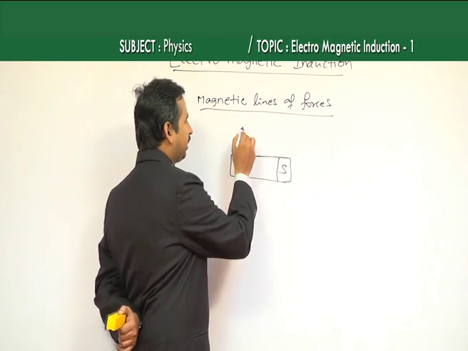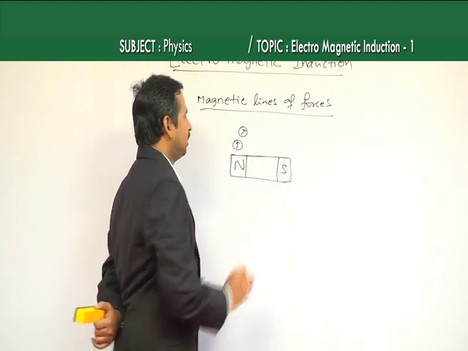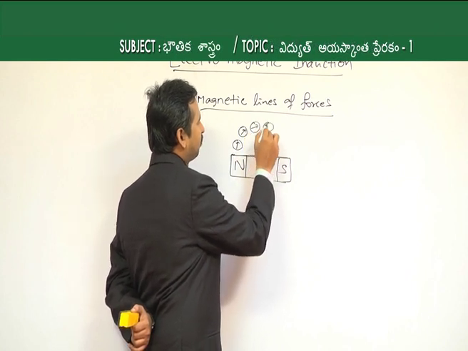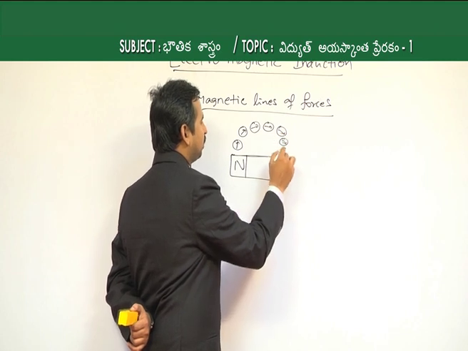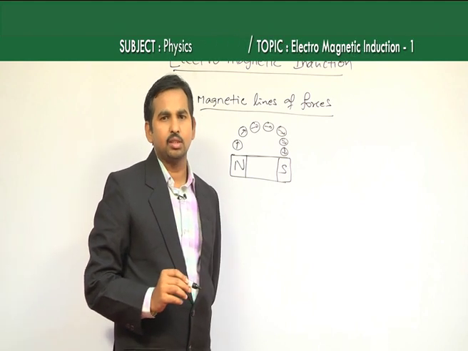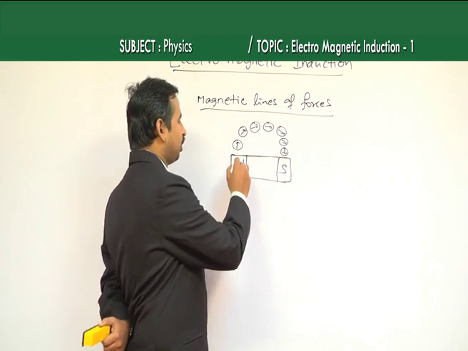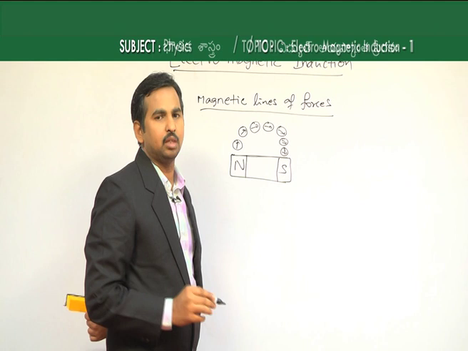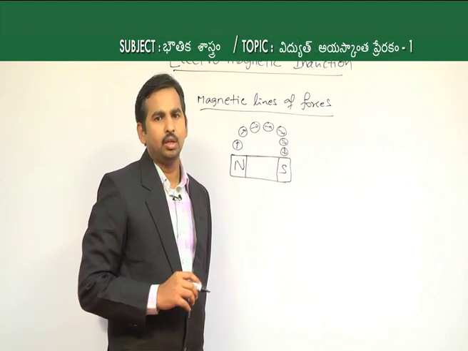If you keep the magnetic compass at another position, it shows the direction like this, and if you continue the path, it finally ends on the south pole. This means the magnetic lines of forces are imaginary curves starting from the north pole and ending on the south pole, the path followed by the north pole when placed in a magnetic field.